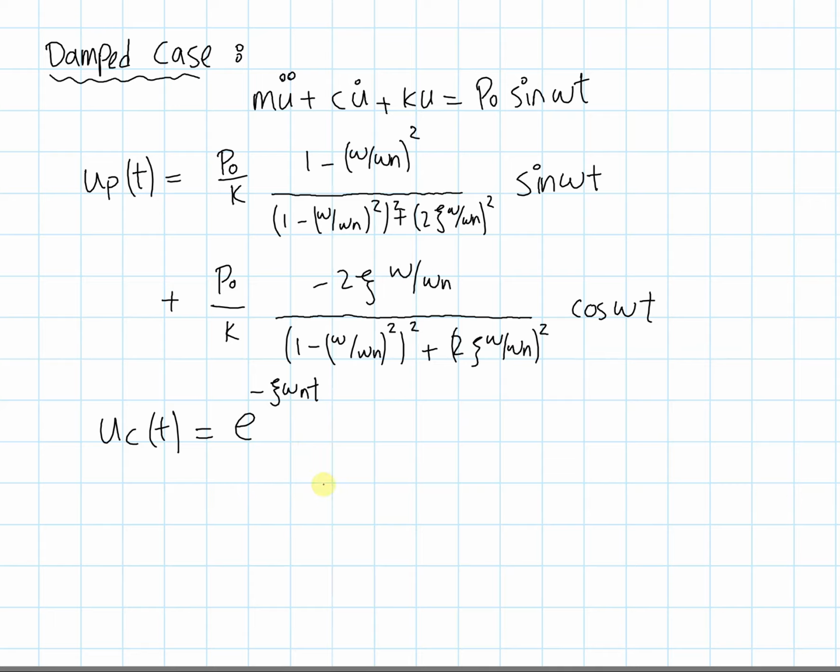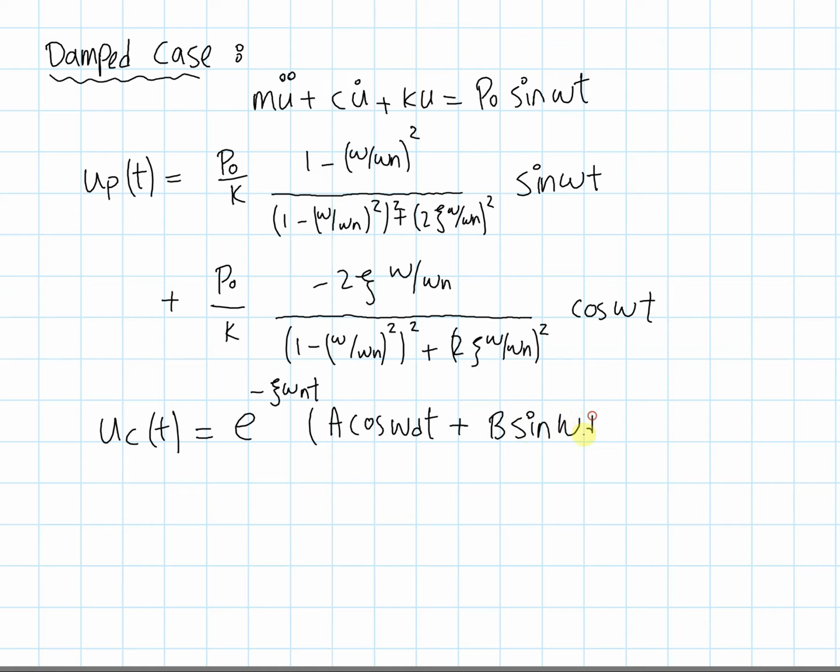So we start at a magnitude of 1, and over time this exponential term will take us to a value of 0. And this has to do with the presence of damping. In the last example, we didn't have damping, so the harmonics kept on going and going. But whenever we have damping, those harmonics for the complementary solution tend to die off.